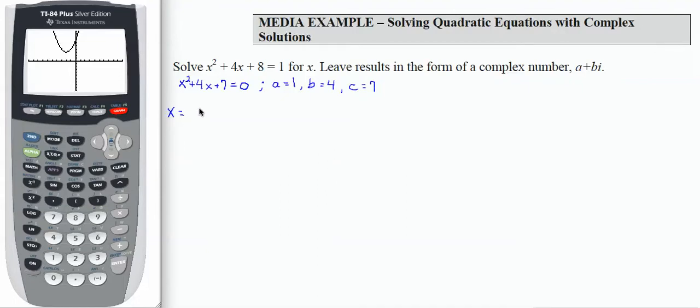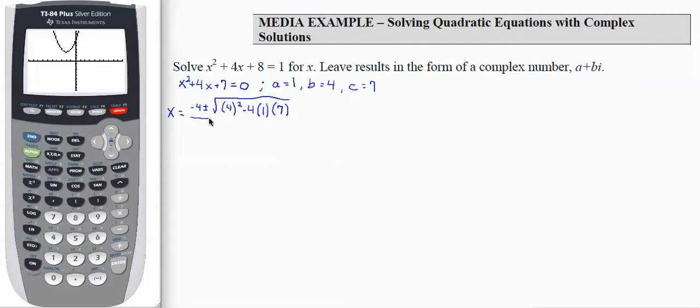So I'm going to use my negative b, so that's negative 4 plus or minus the square root of b squared. So b is 4. Notice I'm putting that in parentheses even though it's positive. Minus 4 times a, which is 1, times c, which is 7. I'm going to extend my square root here.